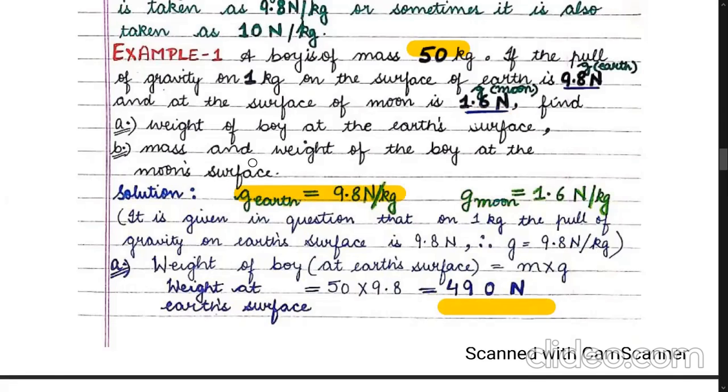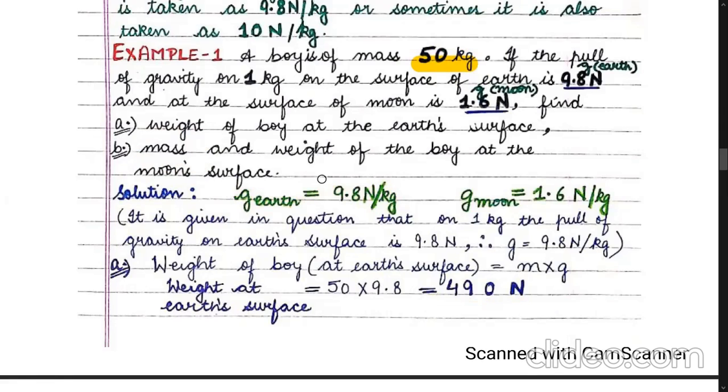So children, on the surface of moon, what will be the mass of the boy? The mass of that boy on Earth was 50 kg. So what will be the mass of the boy on the moon? It will be again 50 kg. Why? Because mass remains constant.